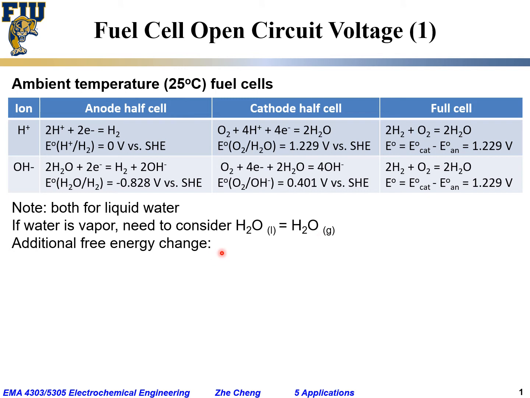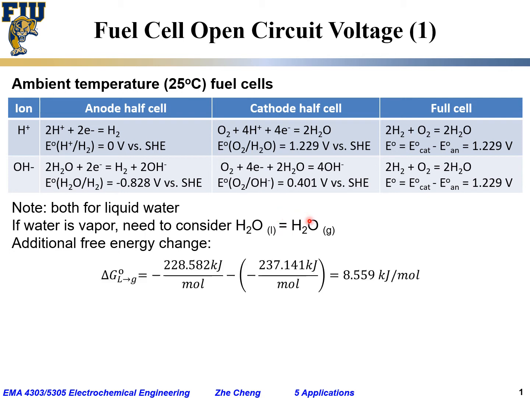Okay, and there will be an additional free energy change for liquid water to go to water vapor. And if you check the database, such as the JANAF table, we would have the delta G0 from liquid water to water vapor, the free energy change.